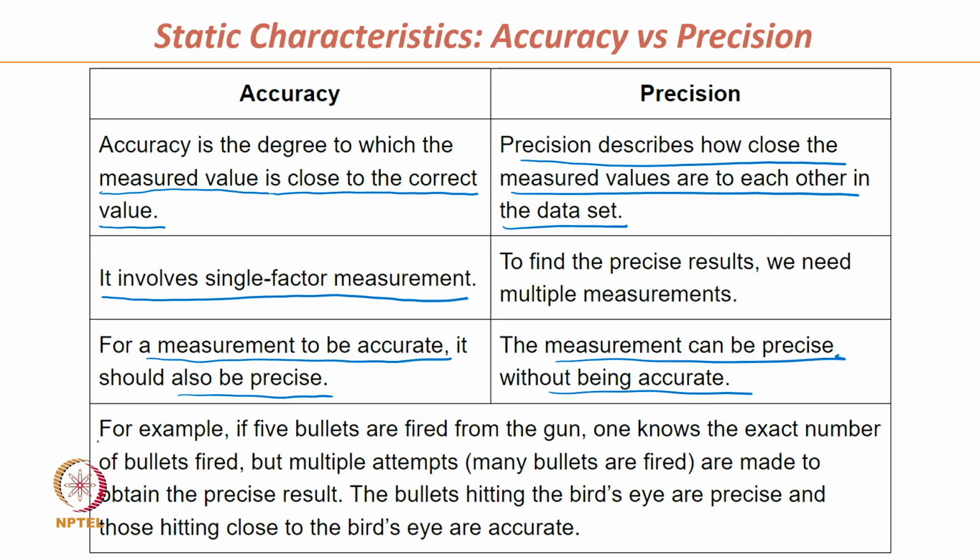Let us take an example of some bullets we fire. Let us say we fire 5 bullets from a gun, and one knows the exact number of bullets fired, but multiple attempts are made to obtain the precise result. The bullets hitting the bull's eye are precise, and those hitting close to the bull's eye are accurate.